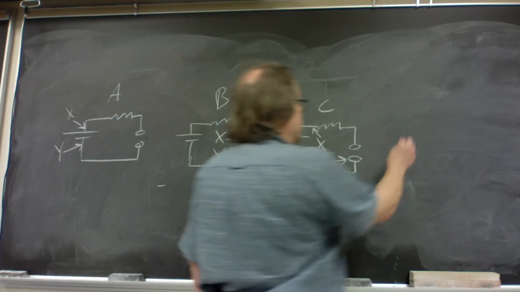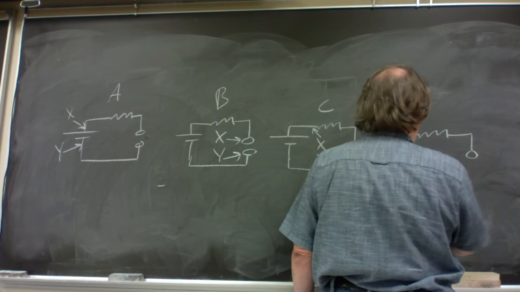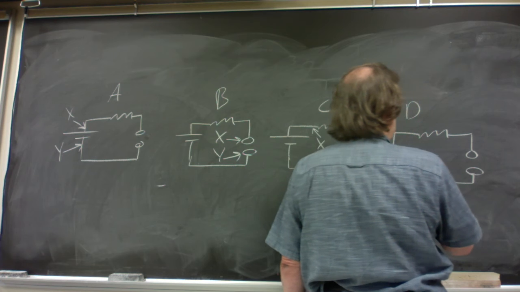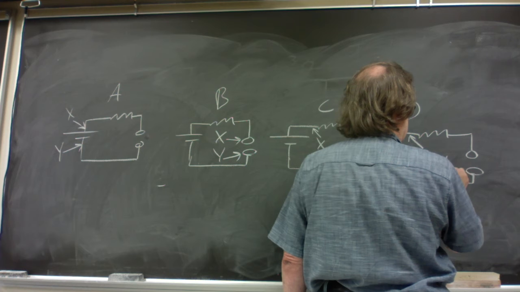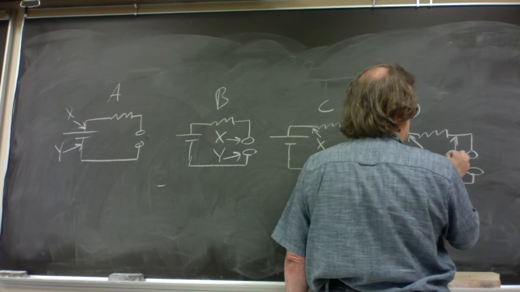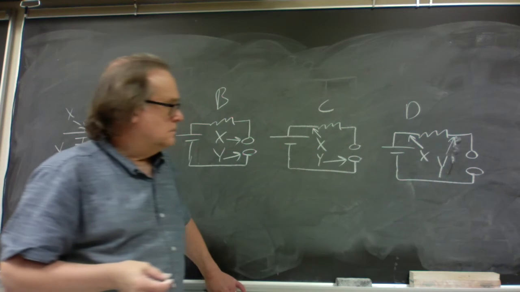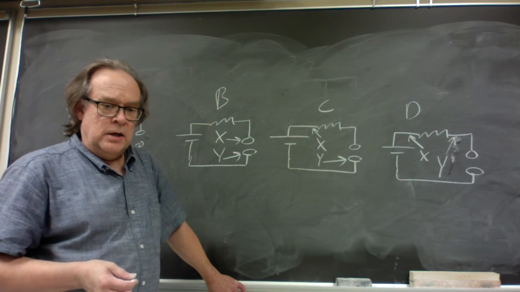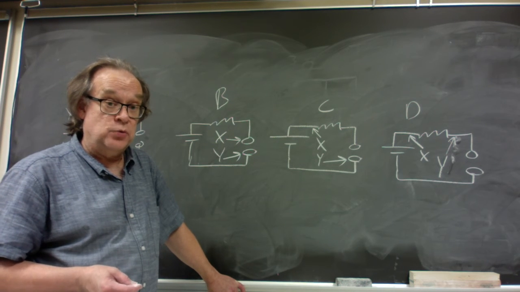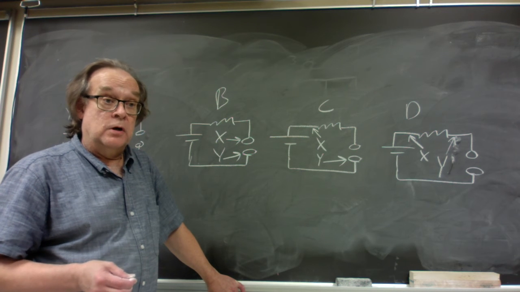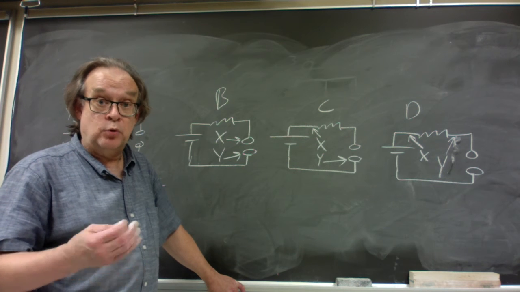And then for the last situation, X is here and Y is there. Now, if we were to rank those four situations from greatest to least in terms of the potential difference between point X and point Y.